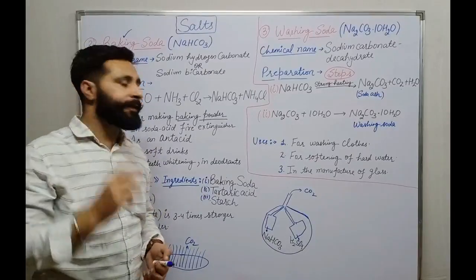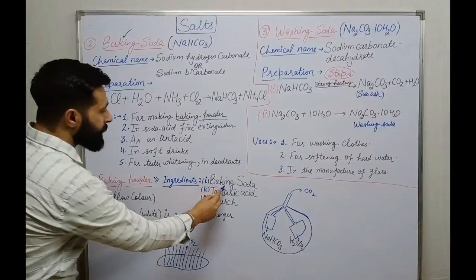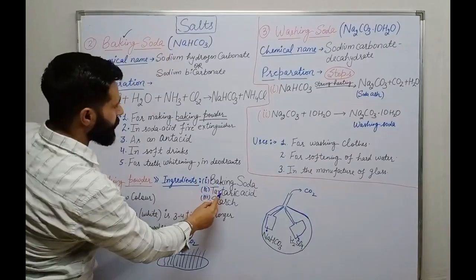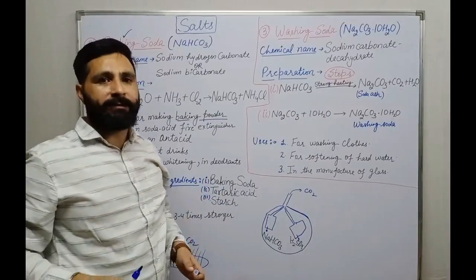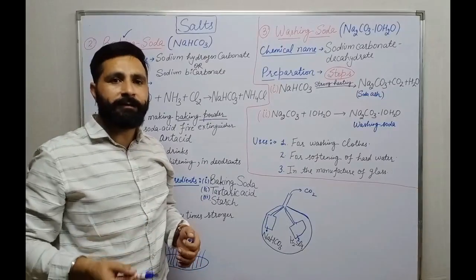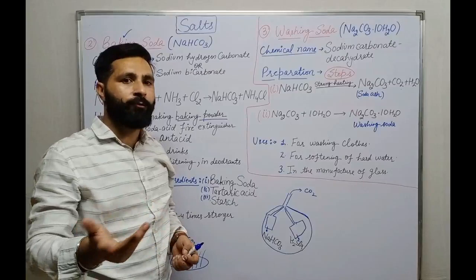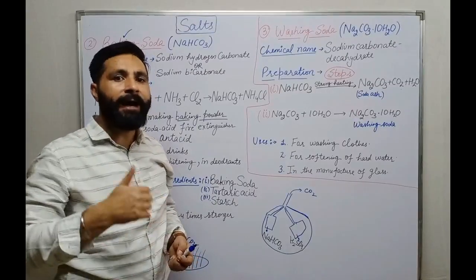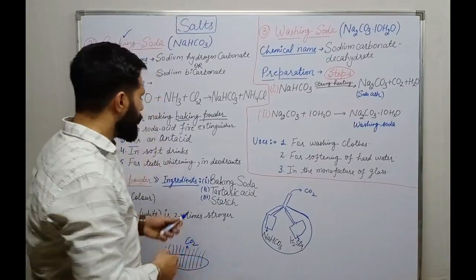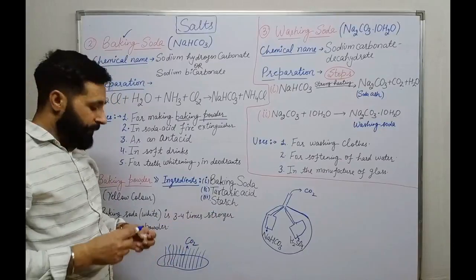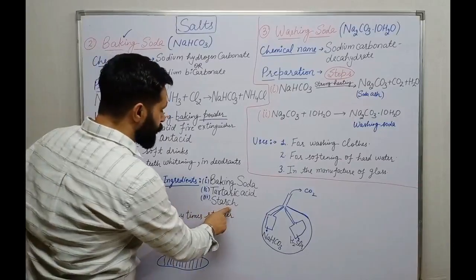We need three ingredients: baking soda, NaHCO3, any edible acid like tartaric acid, citric acid. Mostly we use tartaric acid, not acids like sulfuric acid or hydrochloric acid, it must be edible, खाने वाले. And starch. Why is starch used?